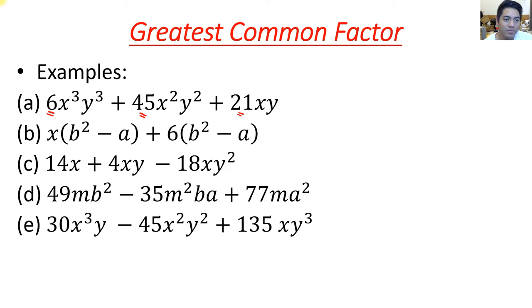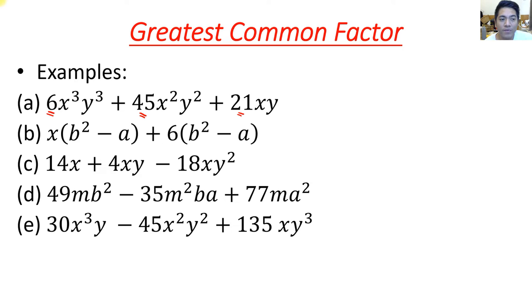They share some similarities, wherein we can factor these 6, 45, and 21 by getting the greatest common factor, and the greatest common factor will be 3. Since 6 is divisible by 3, 45 is divisible by 3, and 21 is divisible by 3.